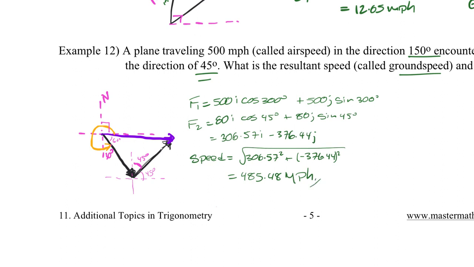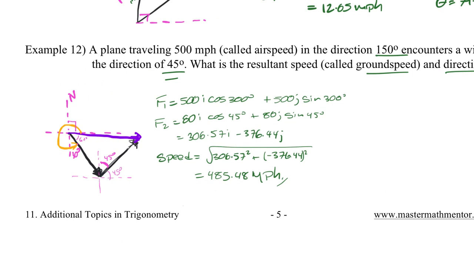Now to find the angle, again, in this case, theta equals the inverse tangent of negative 376.44 over 306.57.